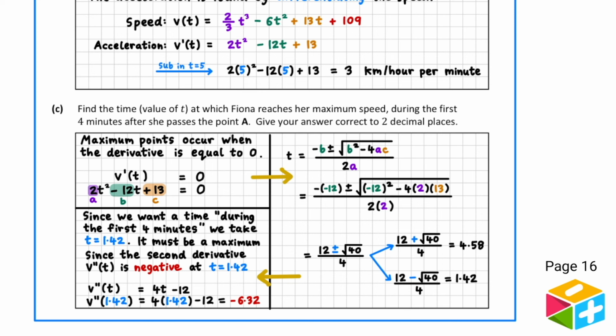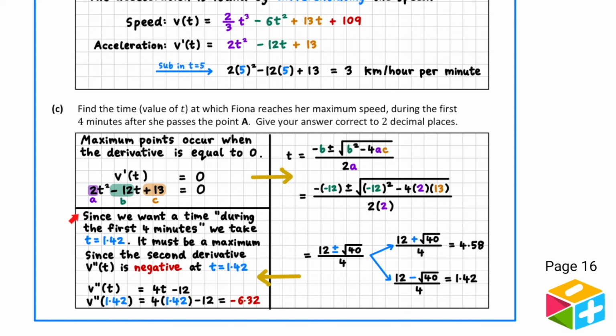So these are the 2 time values where the derivative v dashed of t is equal to 0. We were asked for a time that occurred during the first 4 minutes. This rules out the 4.58, so we're left with a final answer of t equal to 1.42.